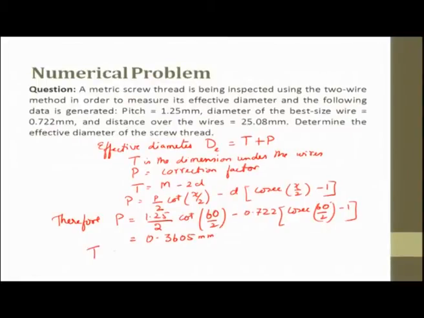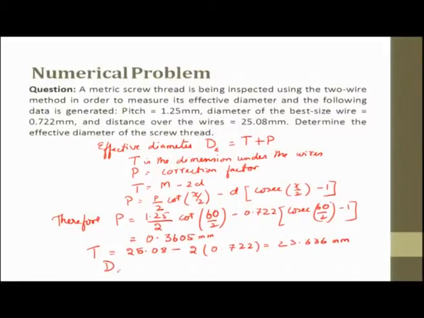So T, the theoretical value, is nothing but 25.08, the distance over the wire, minus 2 times D, 0.722, which is equal to 23.636 millimeter.